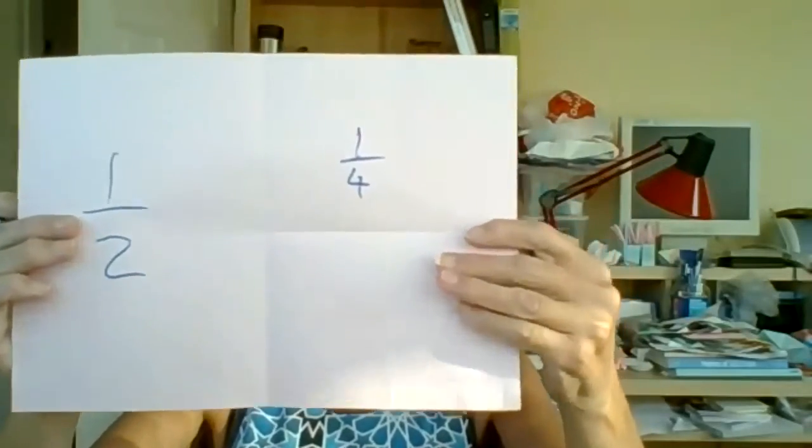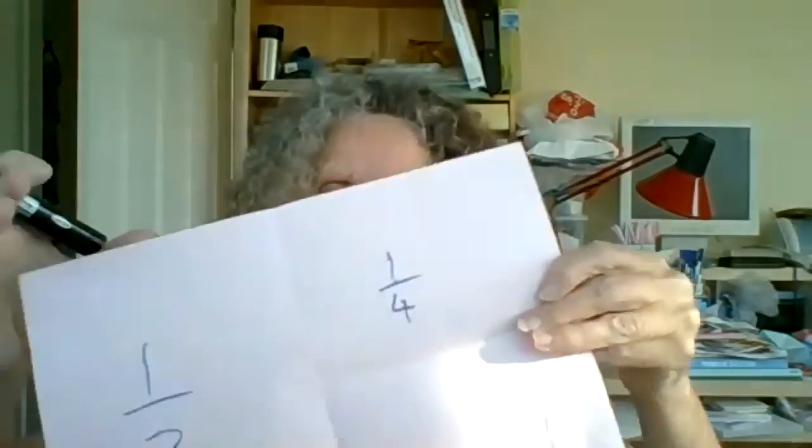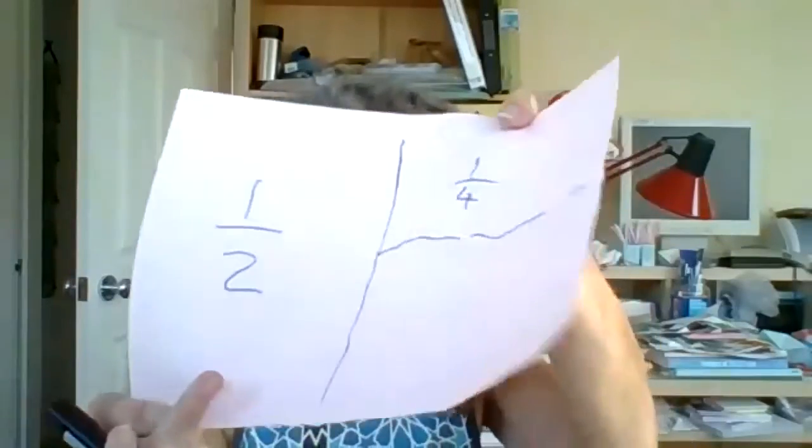I perhaps should draw in the folds I've made as well, just to make it clear. And then I'm going to do the same again, so another fold. And that's an 8th.